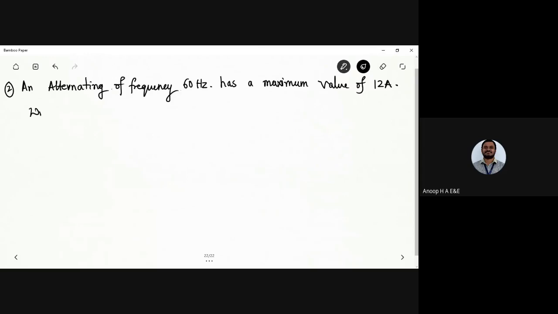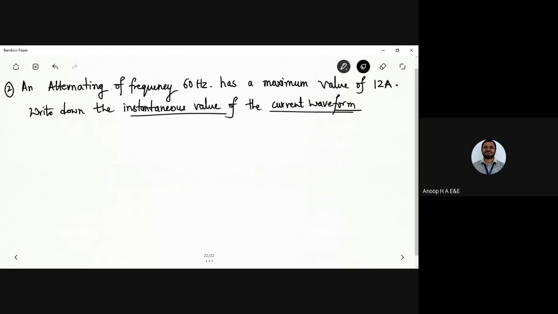Write down the instantaneous value of the current waveform. So what you are going to do is represent it as an instantaneous value for the current waveform.